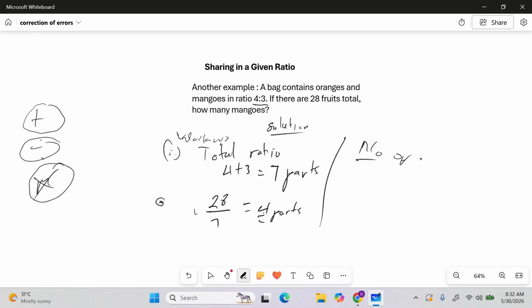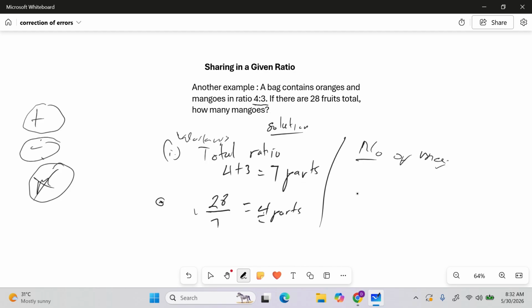Number of mangoes is going to give us 4. So the ratio of the mangoes is 3.